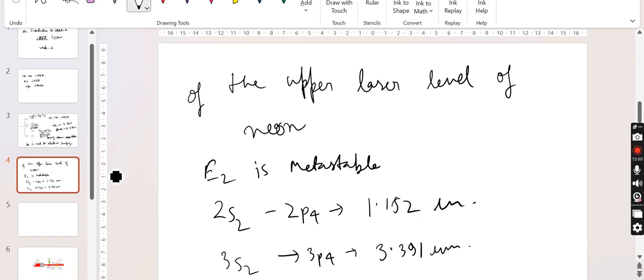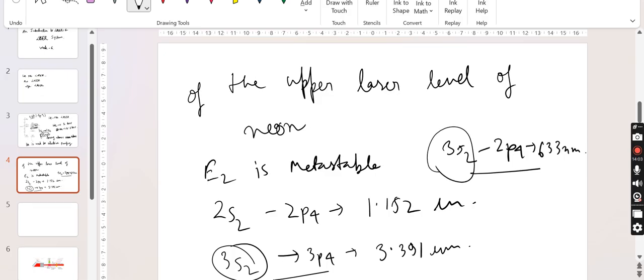And 3s2 to 2p4 is 633 nanometer. You can see that this transition and this transition both share the same upper level. Their lasing upper level is 3s2.